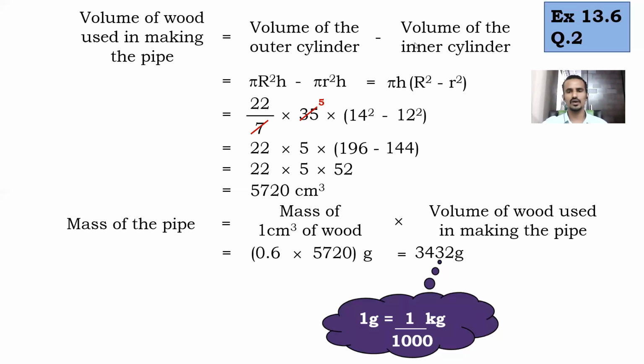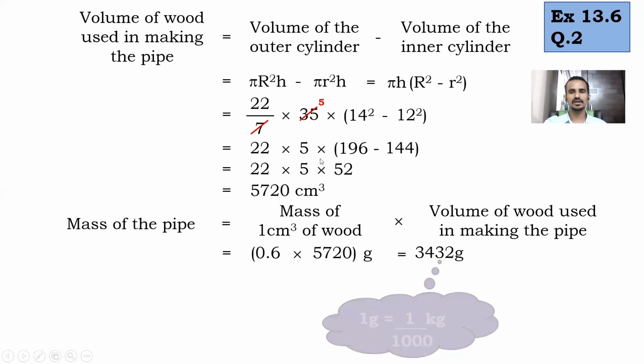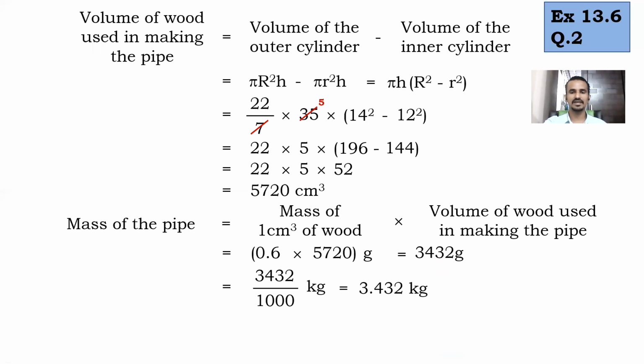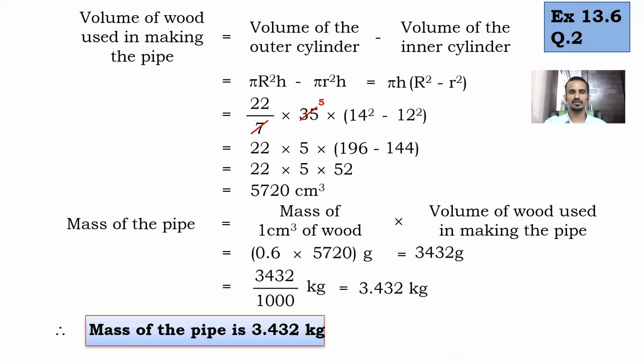When it goes beyond 1,000, it is better to convert it into kilogram. So we'll convert this by dividing it by 1,000. So 3,432 divided by 1,000 is 3.432 kg. That's the weight, or mass, of the pipe. This is the final answer. Mass of the pipe is 3.432 kilogram.